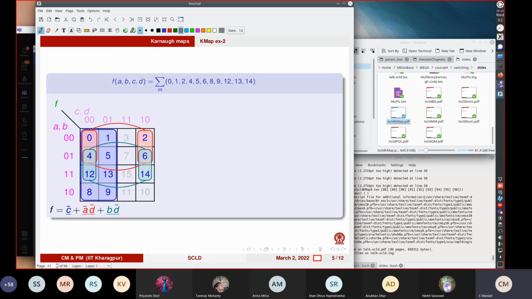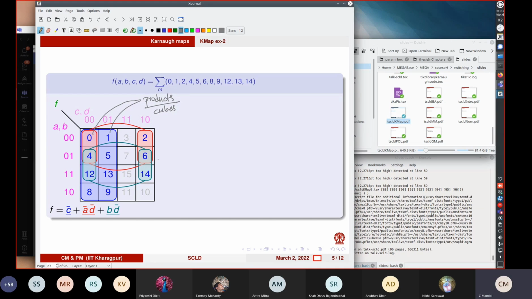As you can see, this is something that I had mentioned to you long back, that these are called cubes, by the way. These are product terms, or cubes.